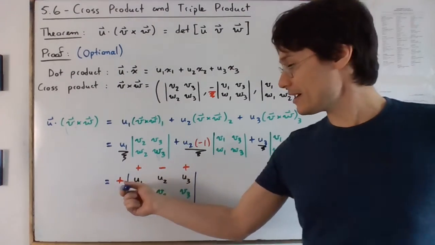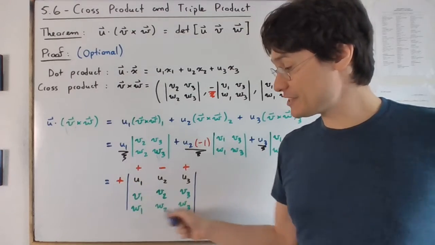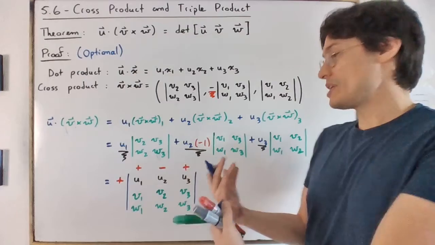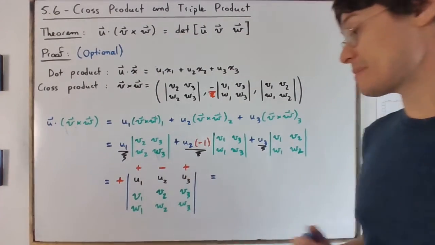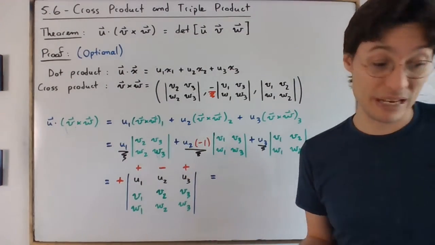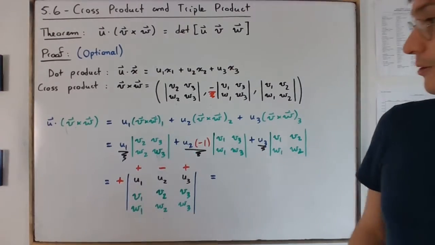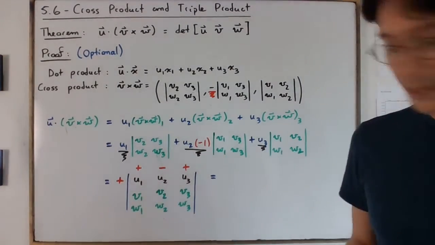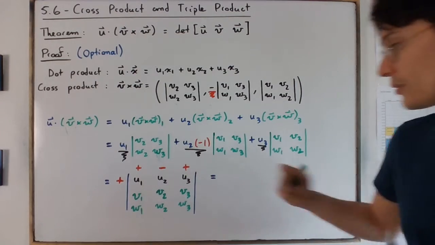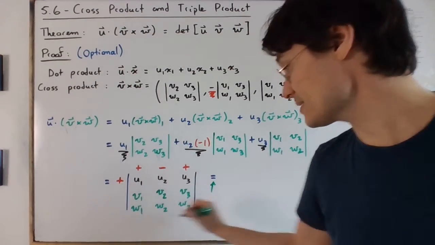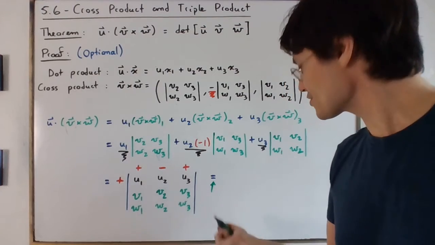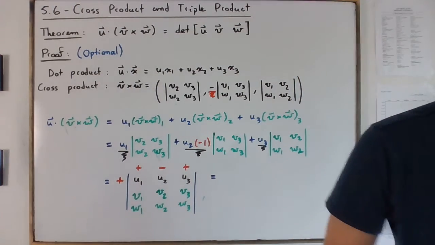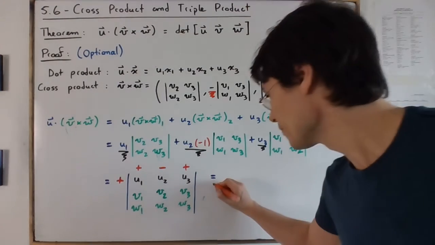Now, as you can see, the vectors u, v, w are right here, but they're written as rows. Well, we don't care, because we know that the determinant of a matrix is the same as the determinant of its transpose. So let's write that down. I will write this in orange, let's say.